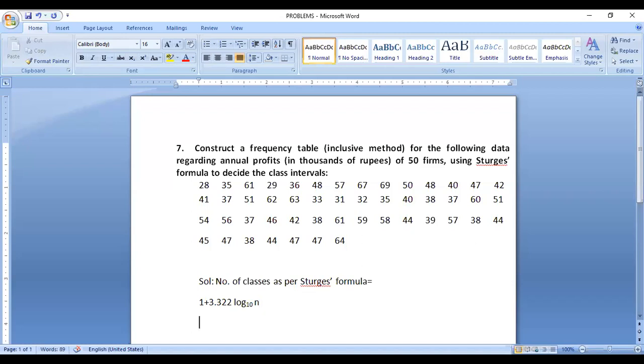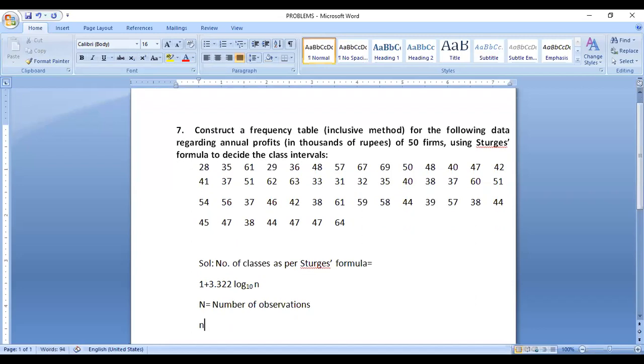Now n is equal to number of observations. Now here we have taken the data of 50 firms. So n is equal to 50.